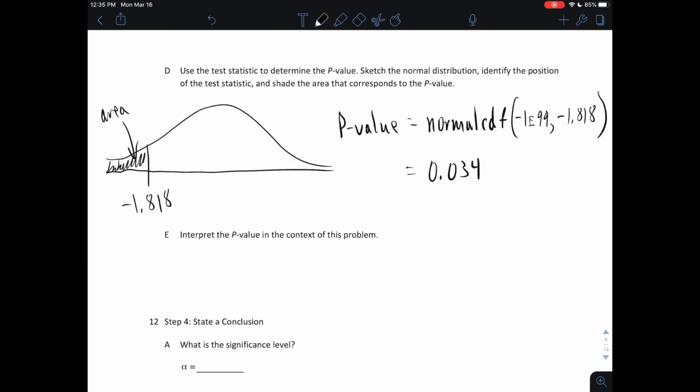Part E, interpret the p-value in the context of this problem. Again, this is interpreting the probability.